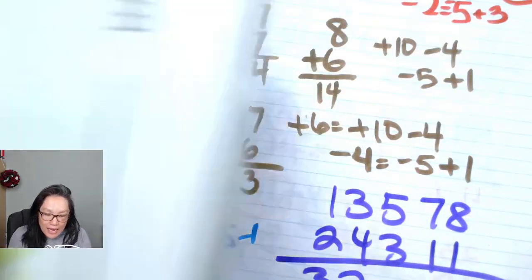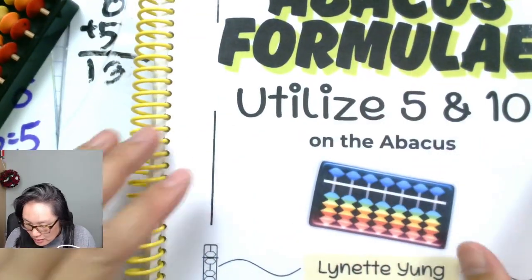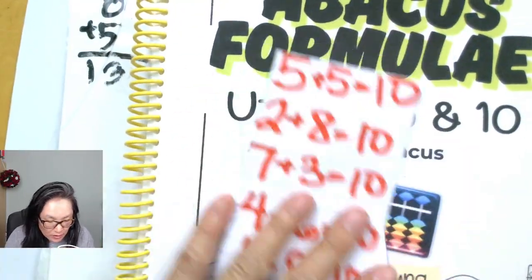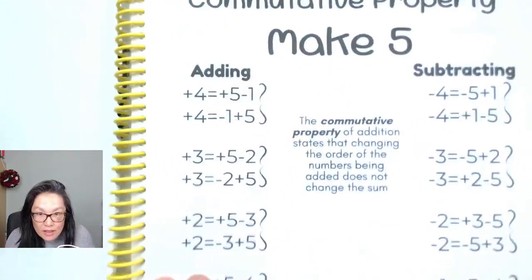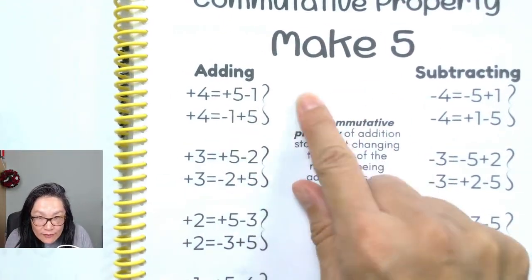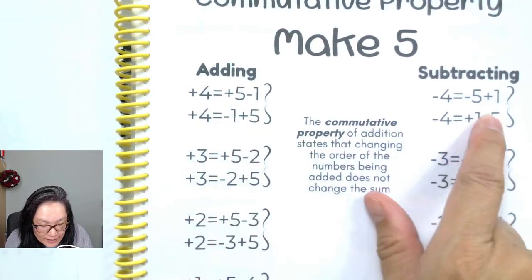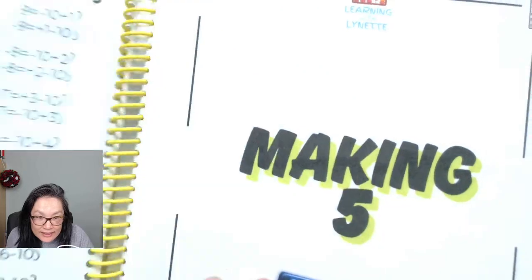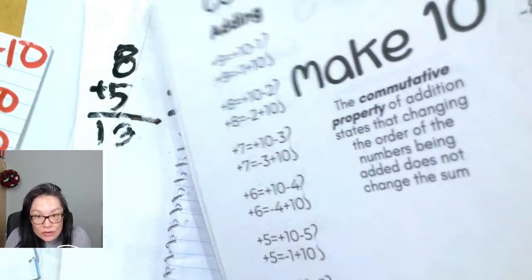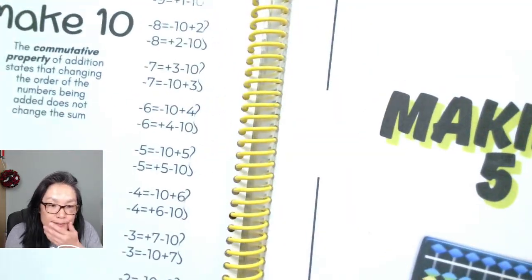Everything you see here, all of this stuff: how to make a 5, adding 5, take away the 5, adding the 10, take away the 10. That's all the same thing.